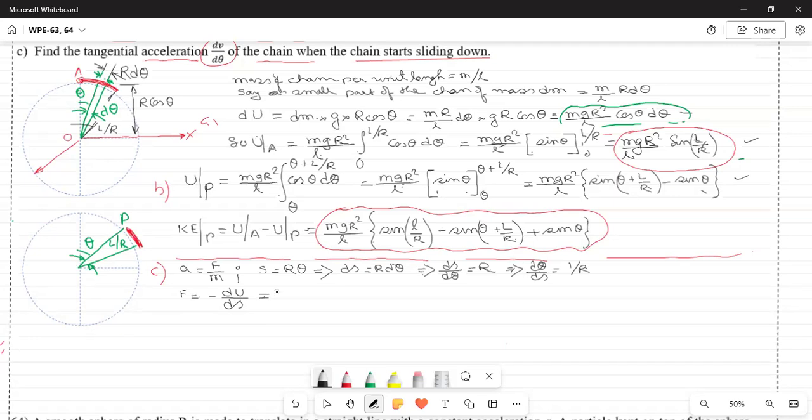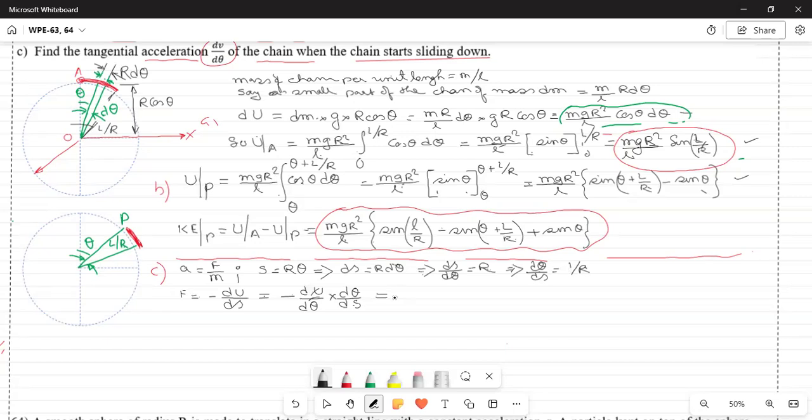It is equal to minus du d theta into d theta ds, because this d theta and this d theta will eventually cancel. The d theta ds we have already got is 1 by r.